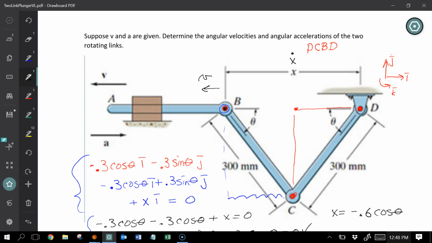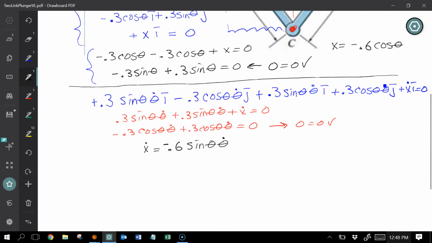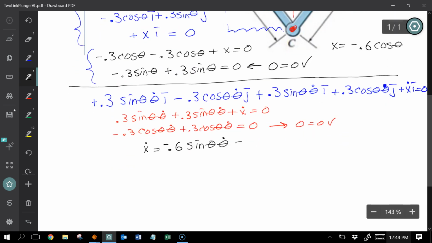So x dot is equal to v. So if you solve for theta dot, it is equal to negative v divided by 0.6 sine of theta, which is exactly what I had for the special point solution.